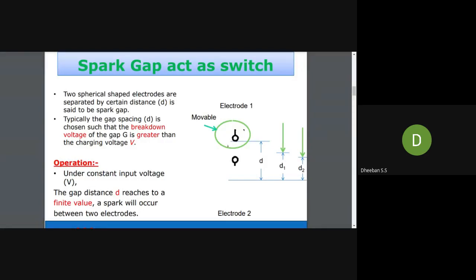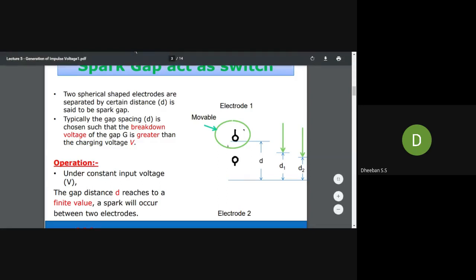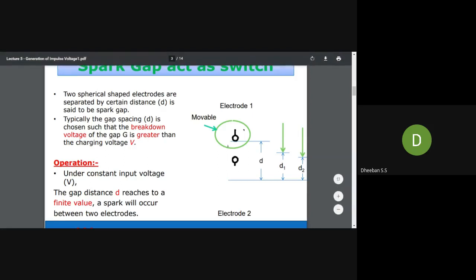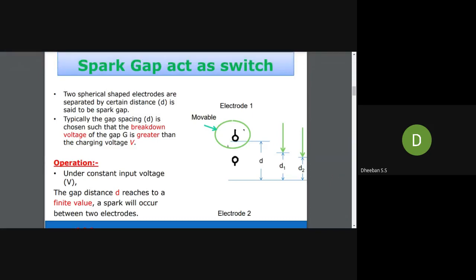Similarly, here we have two spherical shaped electrodes, whereas the capacitor has flat electrodes. These spherical electrodes are separated by a distance d.